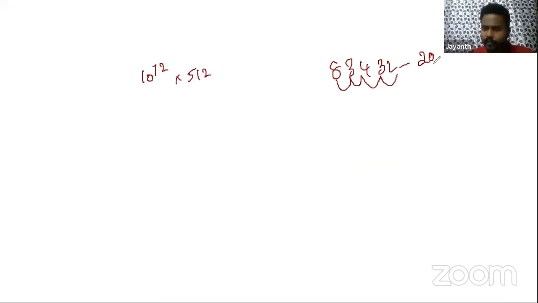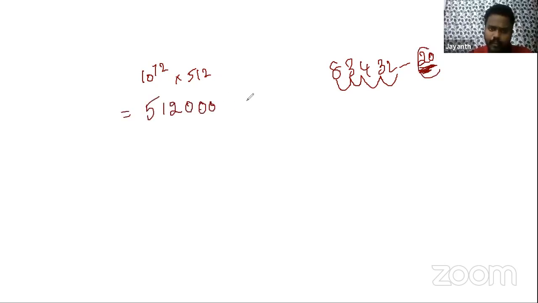The sum of the digits of the number is 20. Likewise, the answer for this question: 512 followed by 72 zeros, right? If you add all the digits present in this number, 5 plus 1, 6, 6 plus 2, 8.